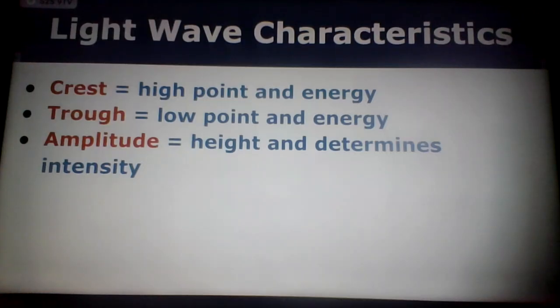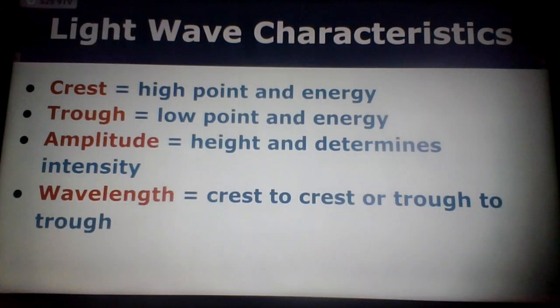But just like with sound, intensity and loudness, brightness is a perception. What's bright to some people is not very bright to other people, but the mathematical measurement called a candela, well, that we cannot debate, just like decibel levels for sound. Wavelength is the distance from one crest to the next crest, or from a trough to a trough, but really it can be any part to the same part on the next wave. We usually measure from crest to crest, and sometimes trough to trough.